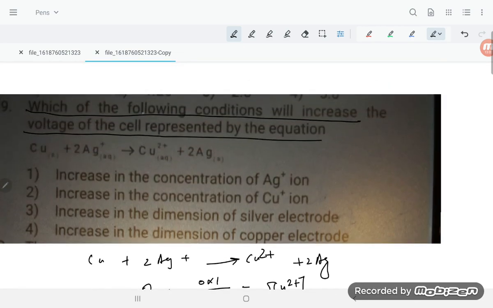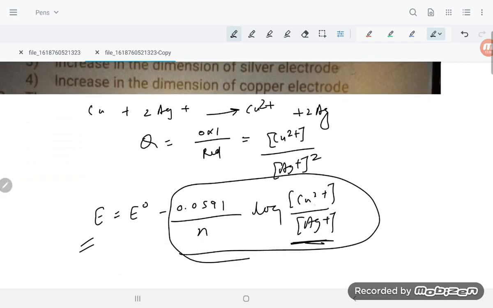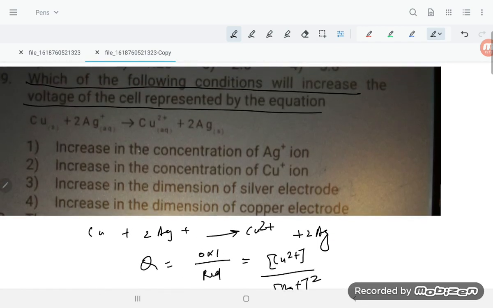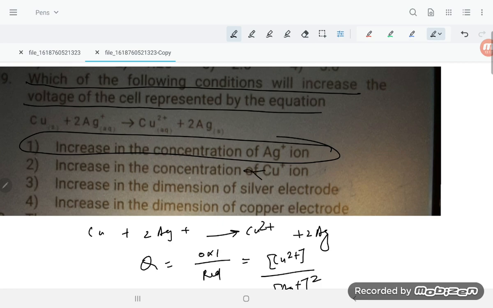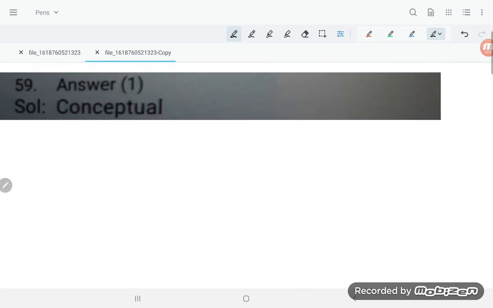So the copper concentration should decrease and Ag plus should increase. So option number 1 is correct, students.